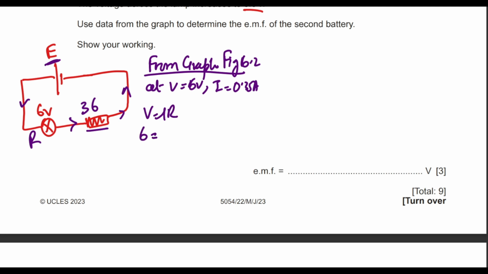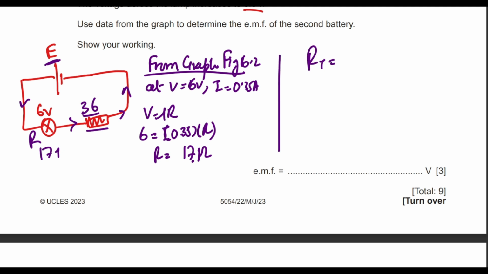So 6 volts equals I, which is today 0.35, times R. So R is equal to 6 divided by 0.35, which is 17.1 ohms. Now this is 17.1, this is 36. So the total resistance, RT, becomes 17.1 plus 36, which is 53.1 ohms.